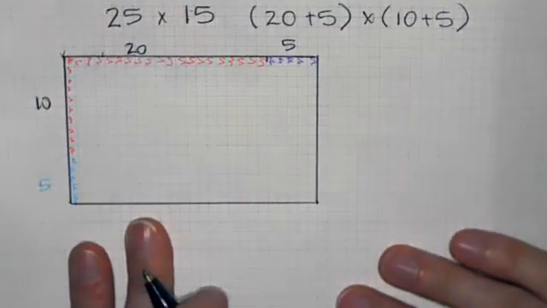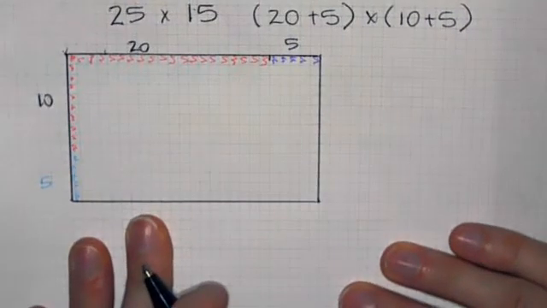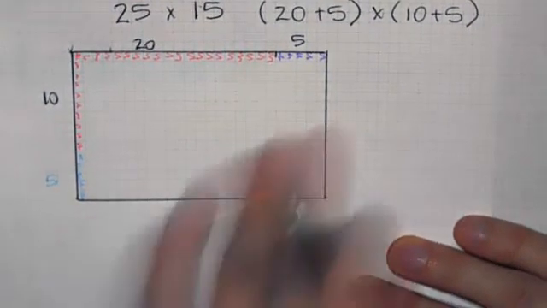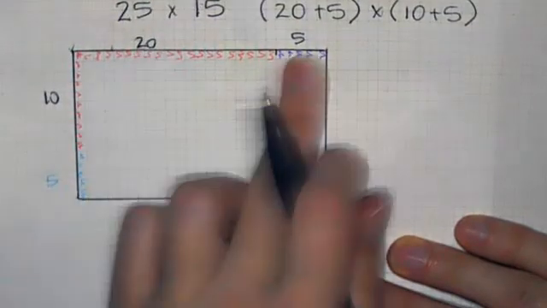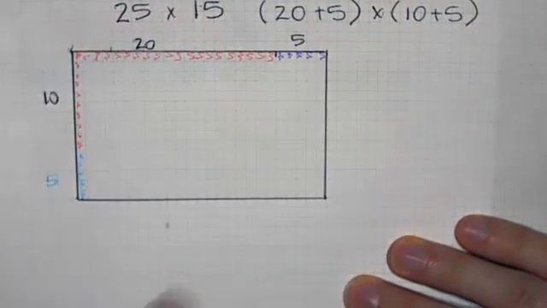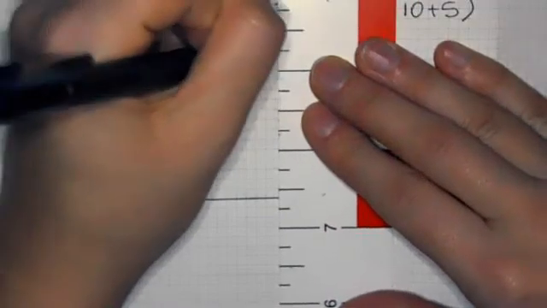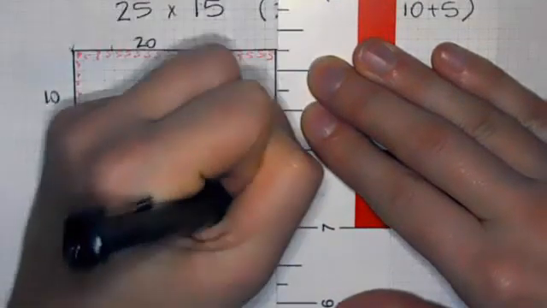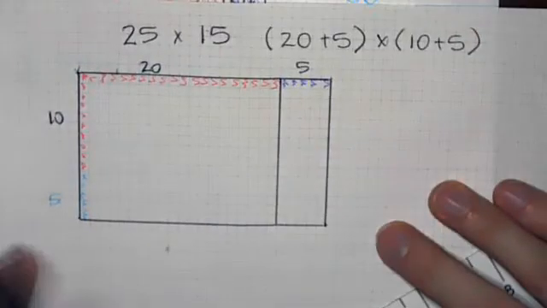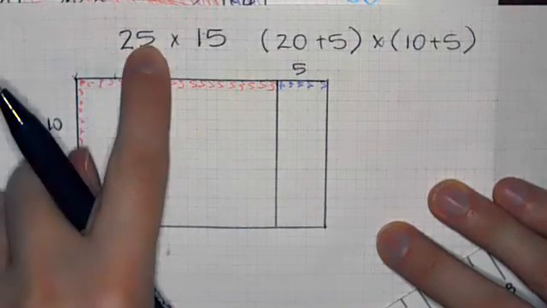Remember, an array is shaped either like a square or a rectangle. So now I have my array where I have 25 going across and 15 coming down. Now I need to separate this out by the different pieces. I have 4 digits here, 1, 2, 3, and 4.